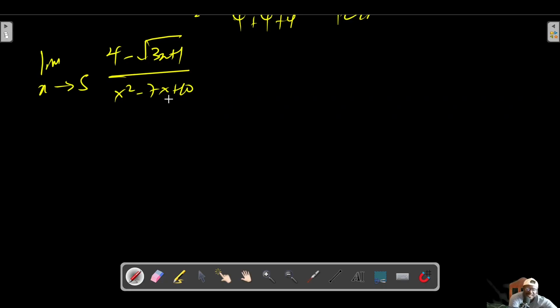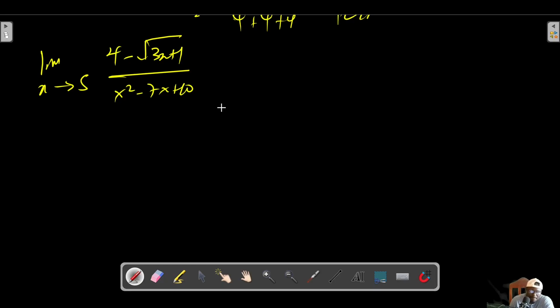So from here, you realize that the numerator contains a radical, the denominator contains a polynomial. So we can do any of them first. We can either rationalize our numerator, then factorize the denominator to cancel out some of the factors.